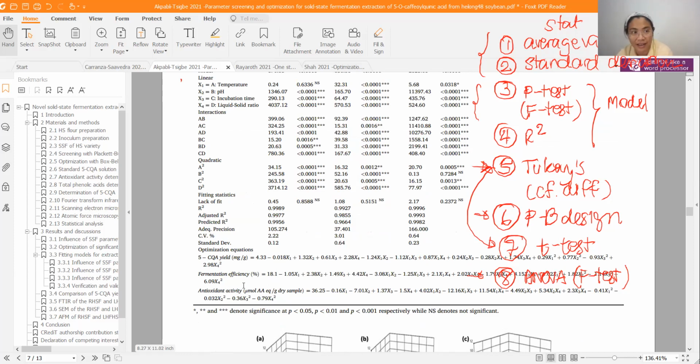So if your thesis is about this, think very well about the stats. Of course you can do this in any statistical software easily, and it just gives you the results.